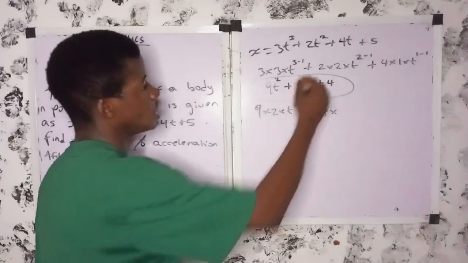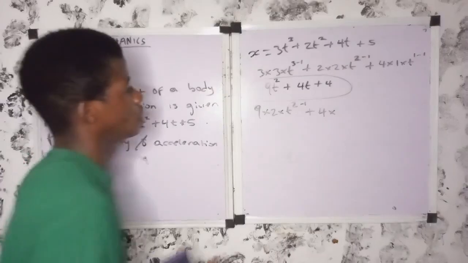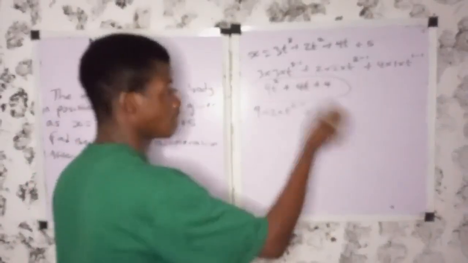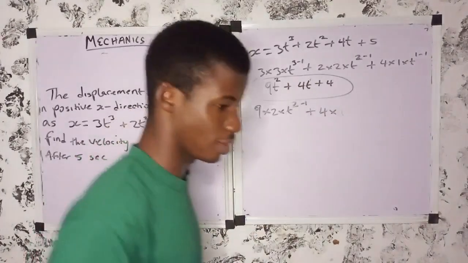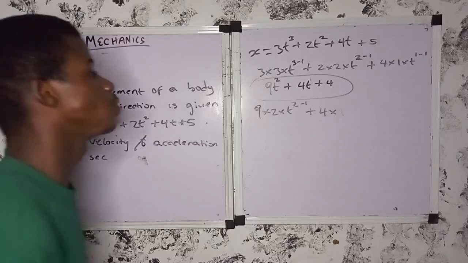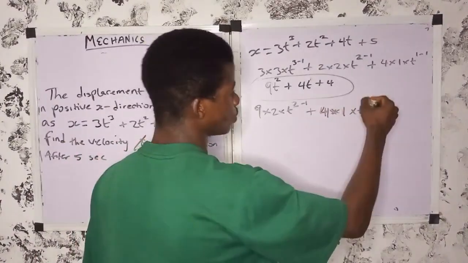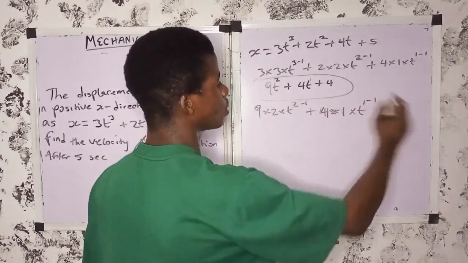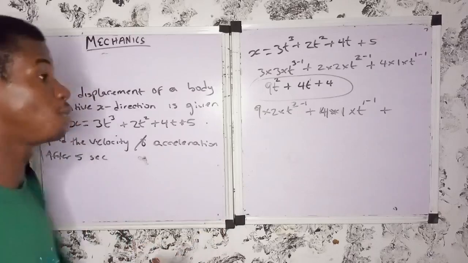So 4 times 1 times t, then 1 minus 1. If you are differentiating a value on its own, it gives us 0.